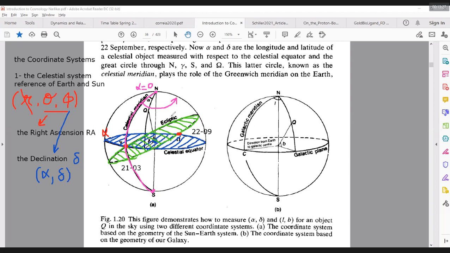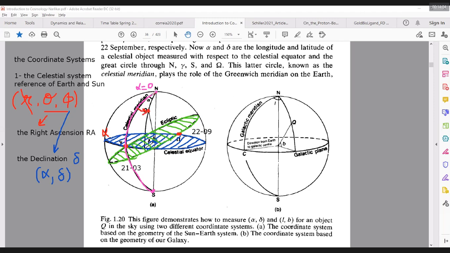In our case, when this object, that could be a star or a galaxy or a cluster or a supercluster that we have discovered at an arbitrary position Q, the alpha is measured counterclockwise like this.